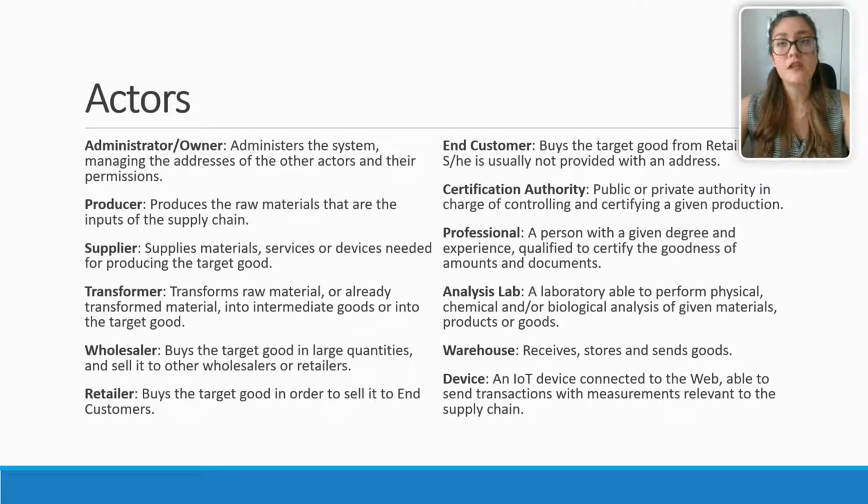Each of these actors in the system is identified by a unique address able to send transactions to the blockchain. The actor owns the private key associated with the address, thus being the only person able to send messages from that address.